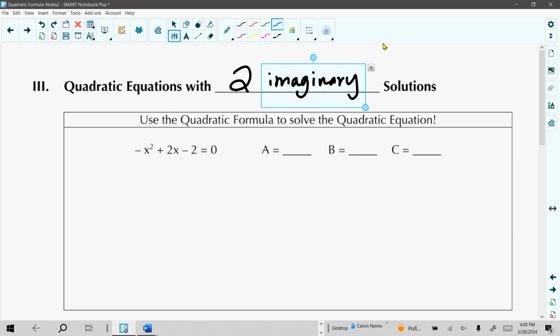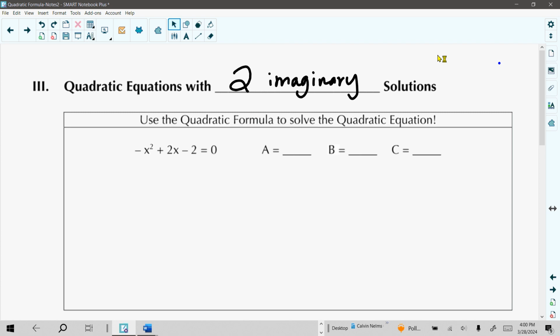What that means is that it's not going to be a real number. It's going to be a complex number. Everything's going to be the same, but what's going to happen, and I'll show you here, is you're going to end up with an error that comes on your calculator when you do your computation.